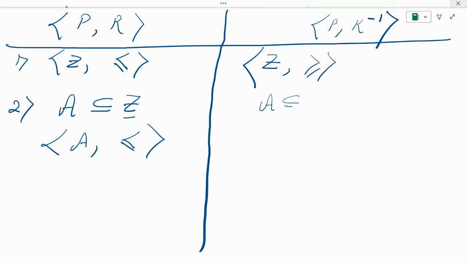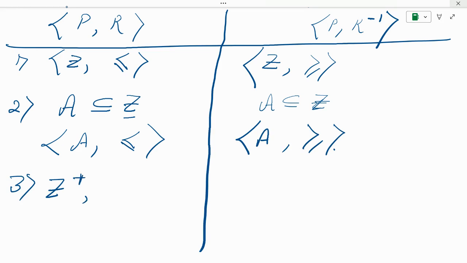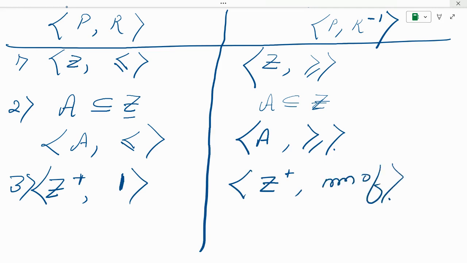Similarly, if A is a subset of Z, the set of all integers, then A with less than or equal to is a poset, and A with greater than or equal to is also a poset. Similarly, if we have Z plus, the set of all positive integers, with division as a poset, then Z plus with multiple of is also a poset. Multiple of is the inverse of division.